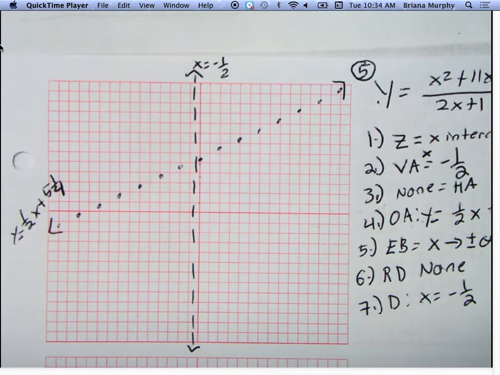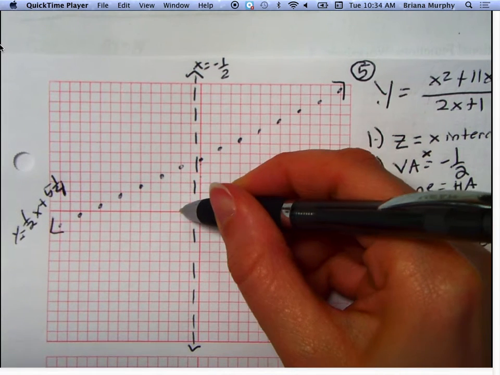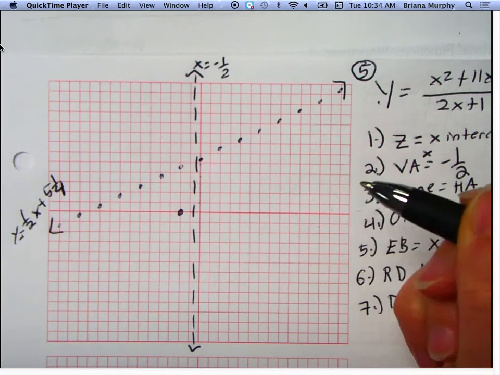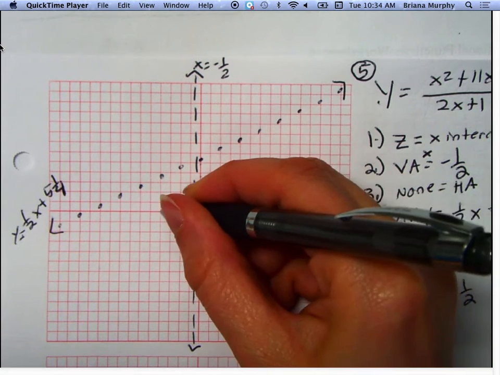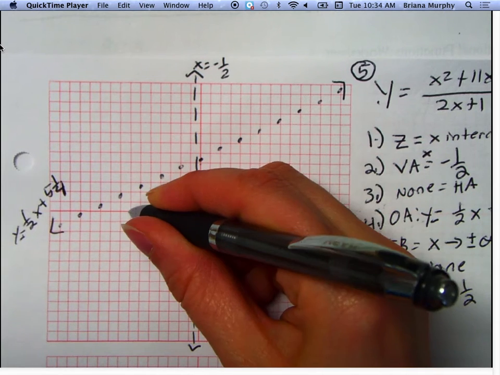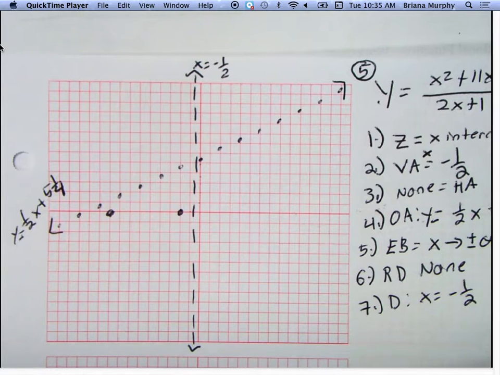Okay, now I'm going to put my zeros in where it crosses the x-axis. You know it crosses at -2, so I go to 0, I go over 1, 2, and I'm going to go over to -9. 2, 3, 4, 5, 6, 7, 8, 9. Okay?